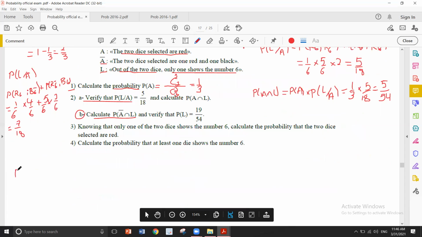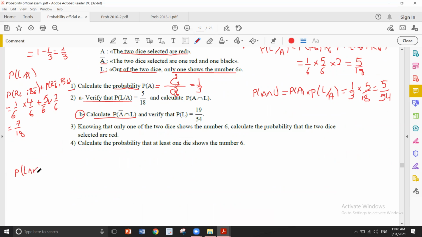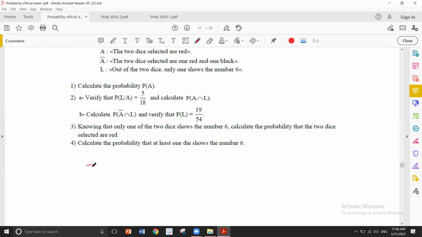Then the probability of L intersection A bar equals 2 over 3 times 7 over 18, equals 14 over 54.